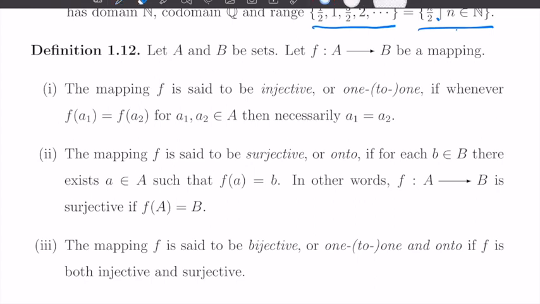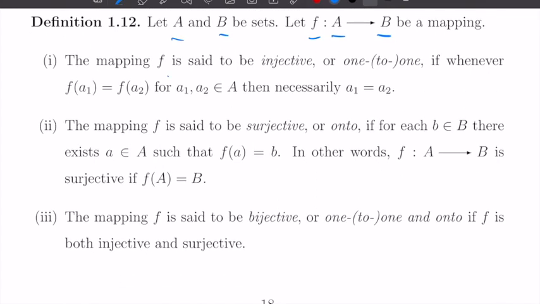Let A and B be sets, and let f be a mapping from A to B. The mapping f is said to be injective or one-to-one, some people say 1-1, if whenever f(a1) is equal to f(a2) for any a1, a2 in A, then necessarily a1 is equal to a2. So what does it mean?